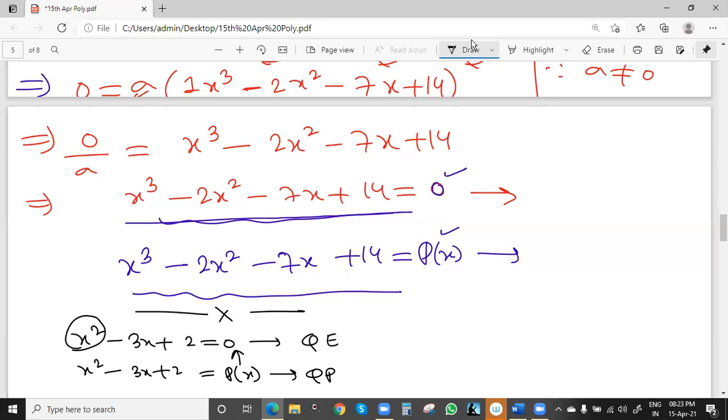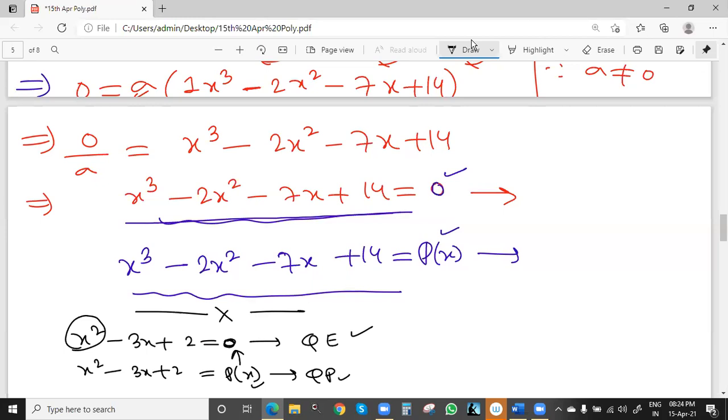From this quadratic equation we obtain zeros value, or roots value, or x values. Only when px is 0 can we apply the quadratic formula or splitting the middle term, or any method to obtain zeros value. And if it is px only, then this will be a quadratic polynomial.